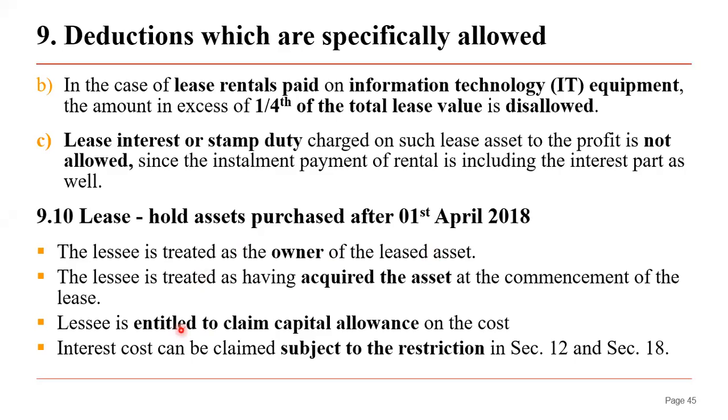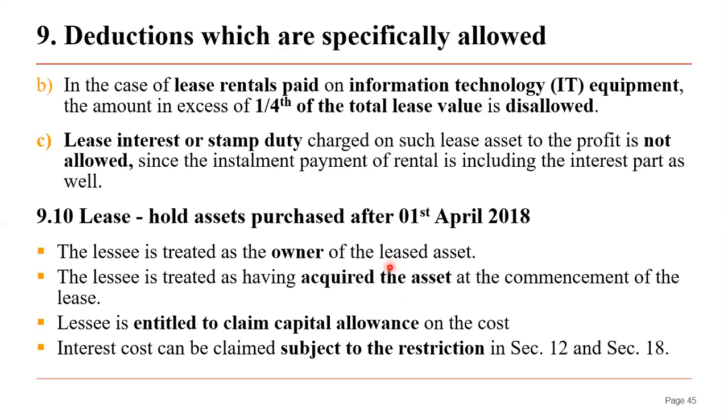Then the lessee is entitled to claim capital allowances. Previously, the bank or leasing company claimed capital allowance on lease assets, before 1st of April 2018. So if you do the bank tax computation, they have claimed capital allowance on lease assets from their books, right? Then they computed it in their tax calculation.